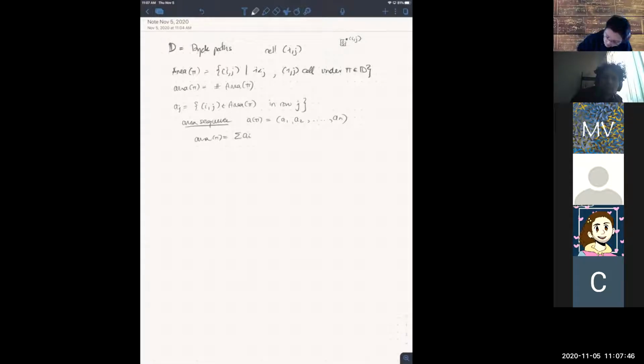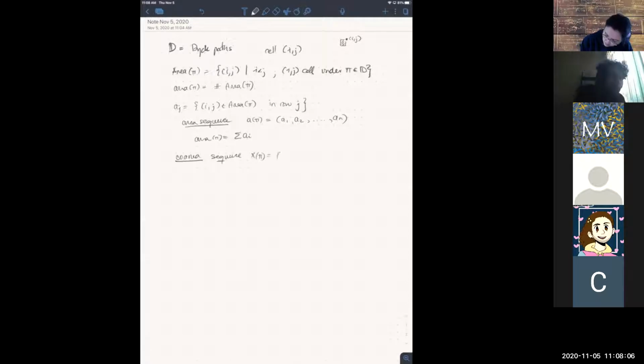Okay. And then associated to this, we also have something known as the co-area sequence. We're going to denote it x of pi.